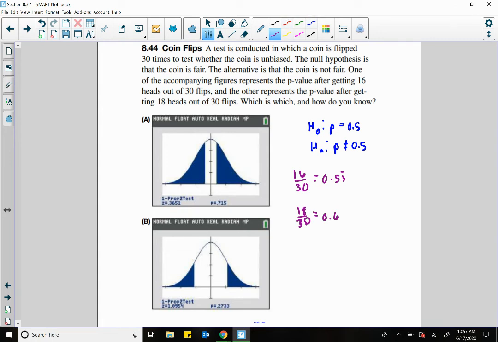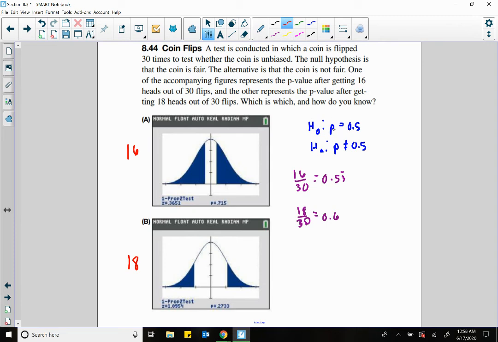Here is which graph is which. This one is the 16. This one represents the 18. How do I know that? The closer I am to this p-value, the null hypothesis, the smaller your z-score is going to be. The closer you are to this, the smaller your z-score is going to be.